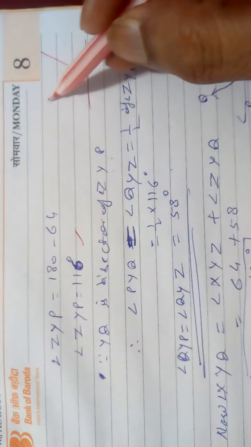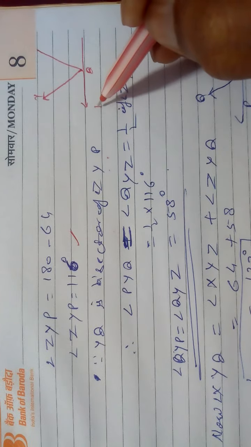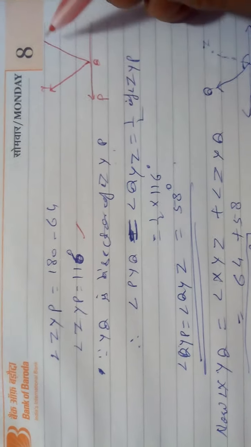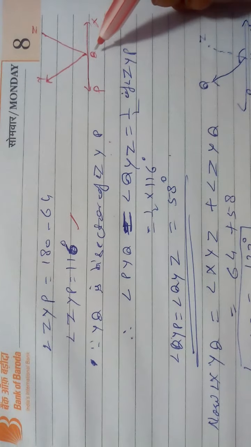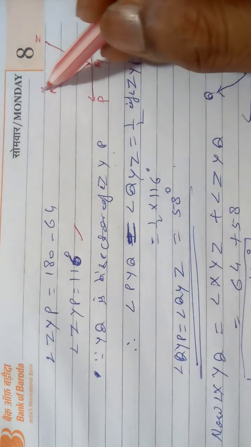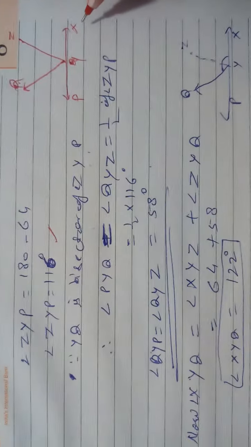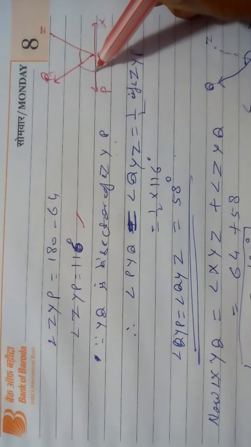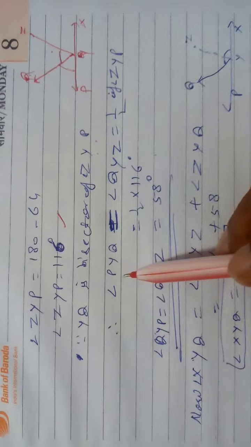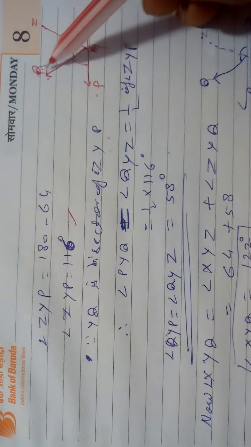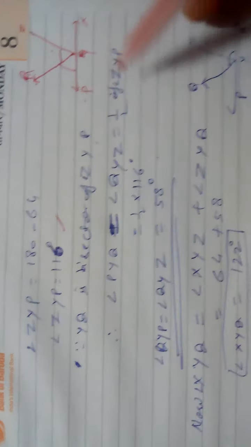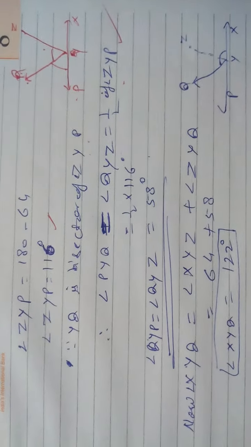So this is YQ. YQ is the bisector of ZYP. So this angle is equal to this angle. So PYQ is equal to QYZ is equal to half of ZYP.